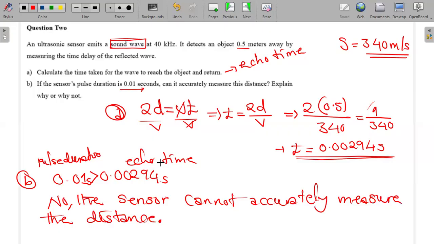Therefore, we conclude that the sensor cannot accurately measure the distance. That is about question 2. Is there any question?